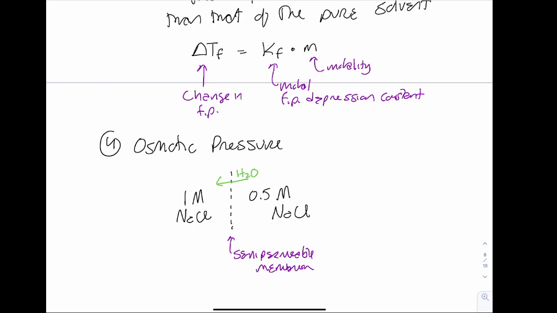Some sodium chloride can move too, but we're really just talking about that water, so the solvent moving. And then the higher the concentration, the more pressure there is. So just know that as the concentration goes up, that osmotic pressure goes up. We're not going to have an equation for this. Beyond knowing that osmotic pressure is a fourth colligative property, that's really all we need to know for that one.